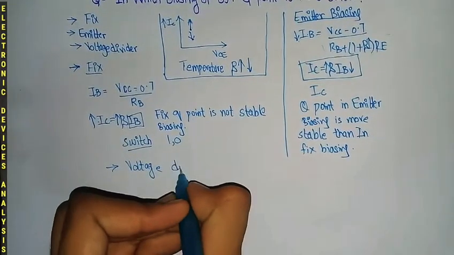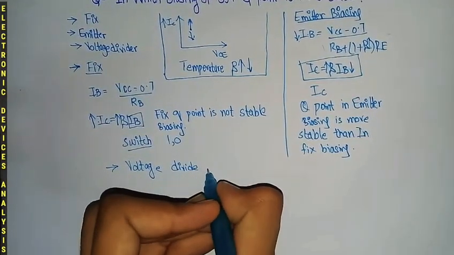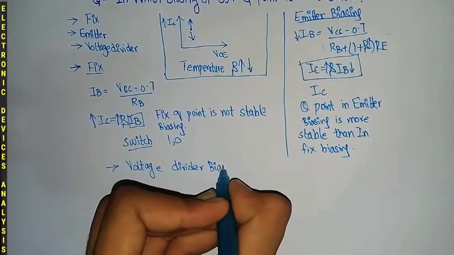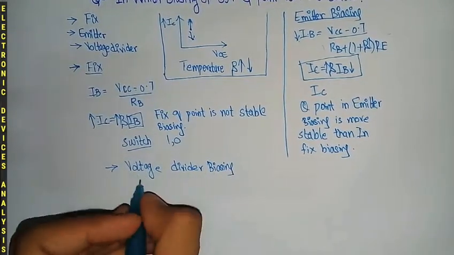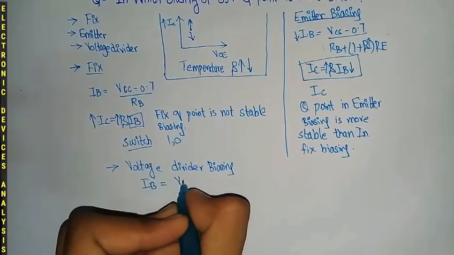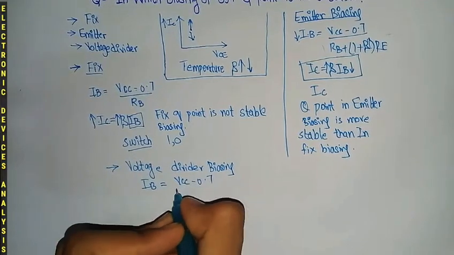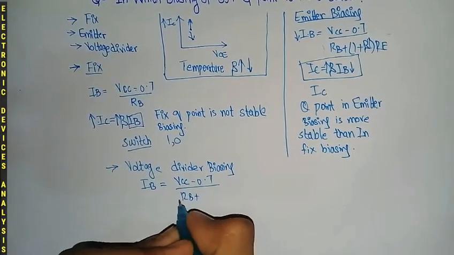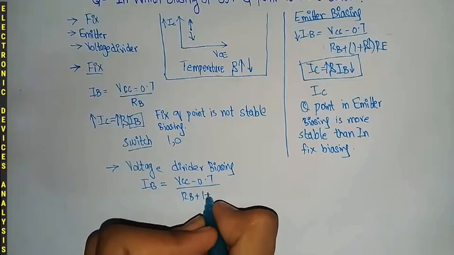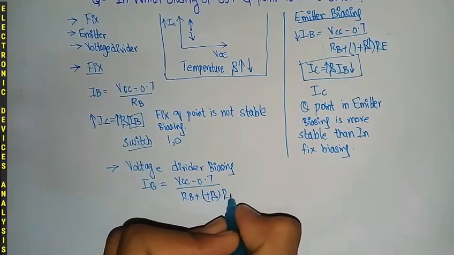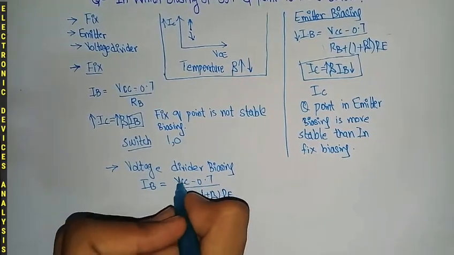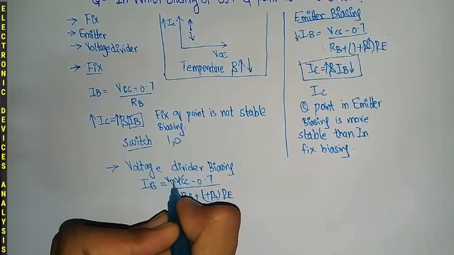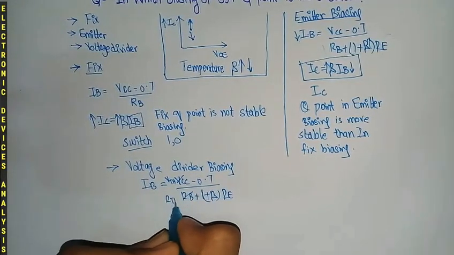In the voltage divider biasing, we also know that the formula of IB will be equal to VCC minus 0.7 volts over RB plus (1 plus beta) times RE. Here VCC will be VThevenin, RB will be RThevenin.